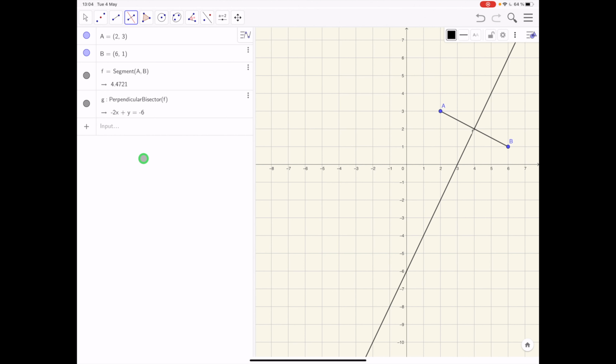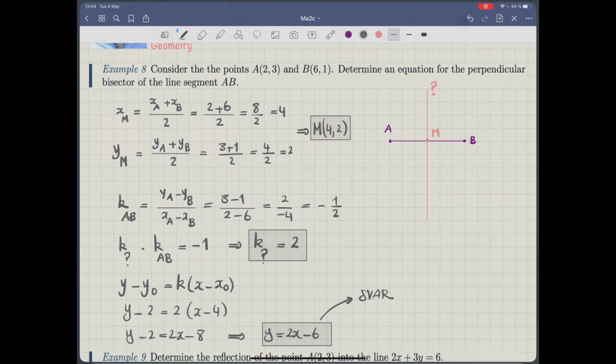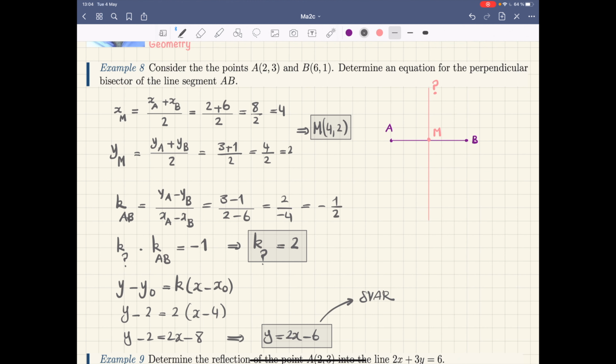By the way, the equation is clear here. This equation is a little bit different: it is minus 2x plus y equals minus 6. But in your head, move minus 2x to the right, and it would be y equals 2x minus 6. Do you agree? Let us go back here: 2x minus 6. So that's exactly the same answer.